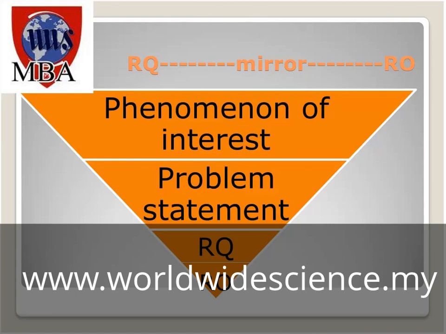Many times I read the research question of a student, a student sent me their research question, and then they sent me the research objective, but these two parts did not match. So it is very important that you know that research objective and research question should be both sides of one mirror. They reflect each other, they match each other, alright?